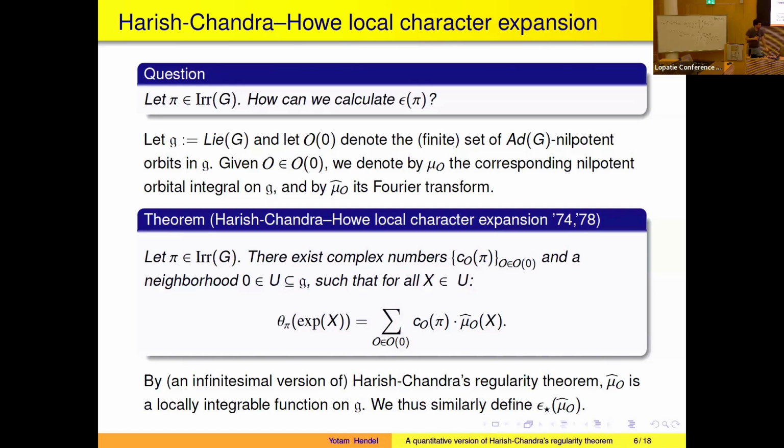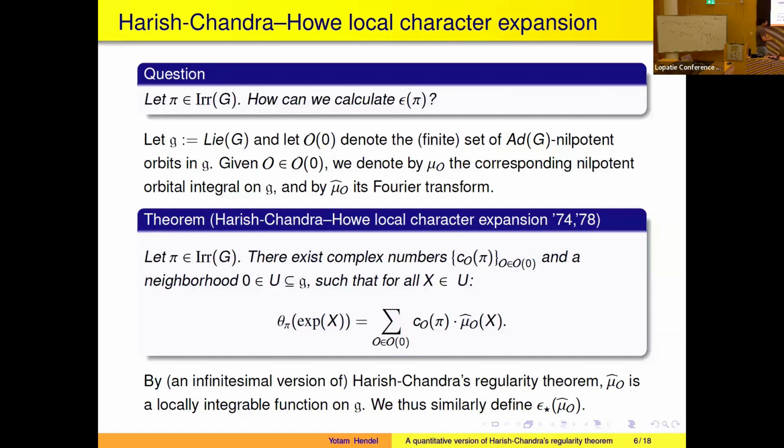And the upshot of that to me is that if I want to study integrability and singularities of the character on the left-hand side around identity, I can study each of these Fourier transforms and get results back on my character. Now, by a similar version of Harish-Chandra's regularity theorem, it also follows that the mu hats are locally integrable. So this actually makes sense.